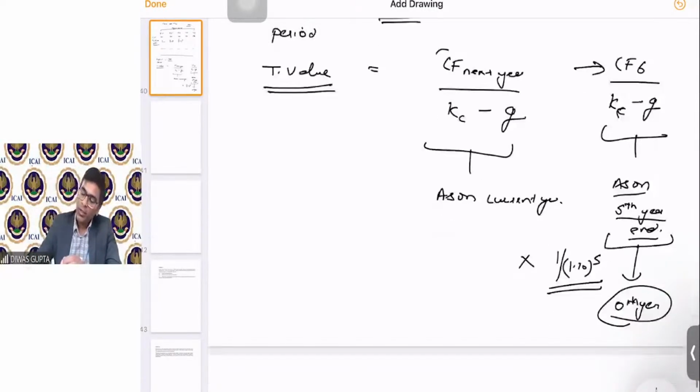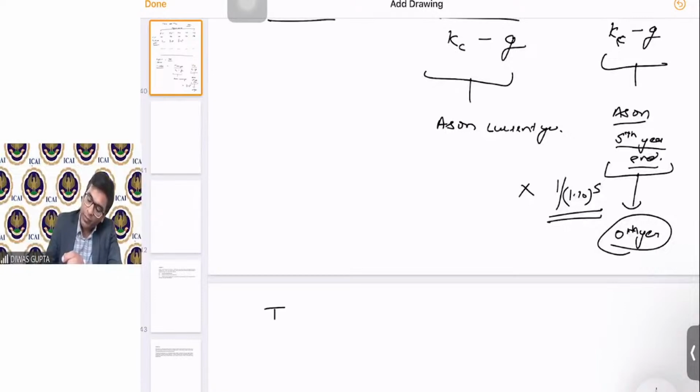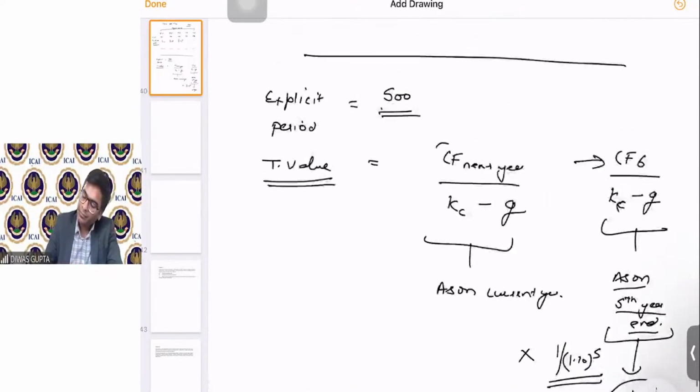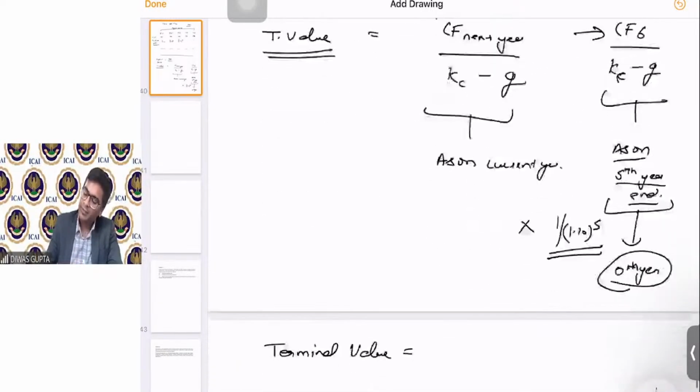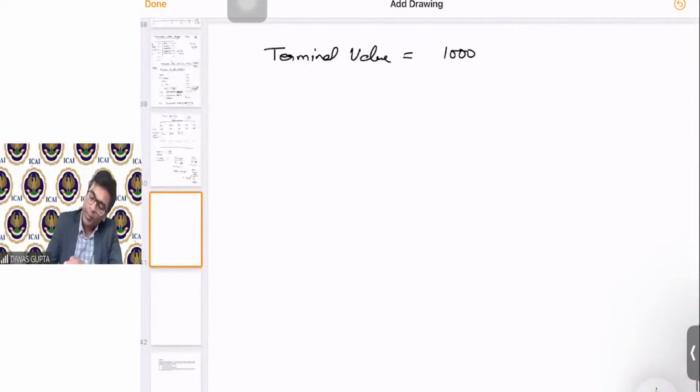Now doing this, let's say the terminal value arrives at 1,000 rupees. So the total business realization becomes 1,500, students.